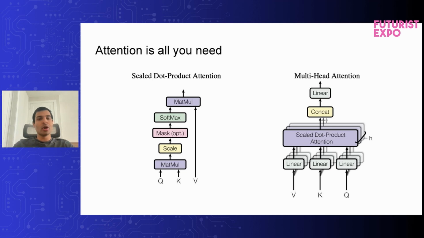Once you do the dot product between the query of this word and the keys of all the words, I get the attention score, and then we normalize, and we get probabilities you can think of, like how much I want to attend to different words in the input text. Then we take a weighted sum of all the values of the different words, and the weight is the attention.